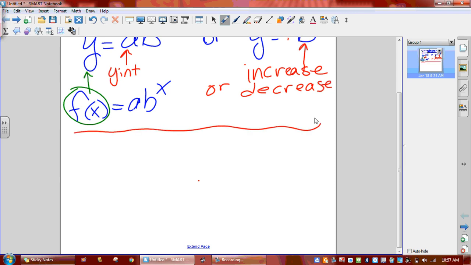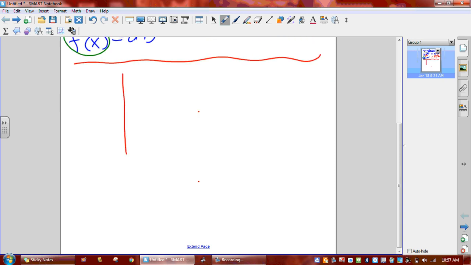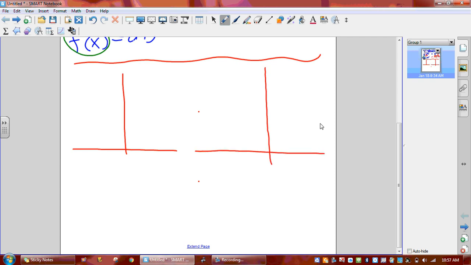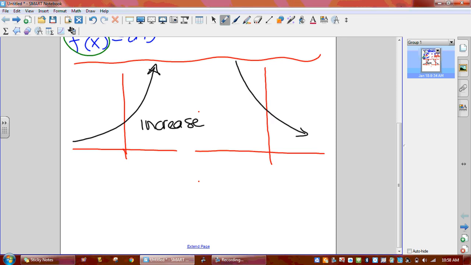We're going to take a look at what our graphs look like and we're going to compare them. So an increasing graph and a decreasing graph. So a couple things about our graphs. We only use quadrants 2 and 1. So exponentials only use quadrants 2 and 1. So we could have an increasing function, this is an increase, or a decreasing function, this is a decrease.